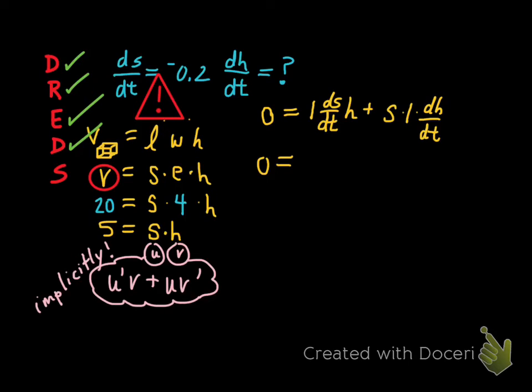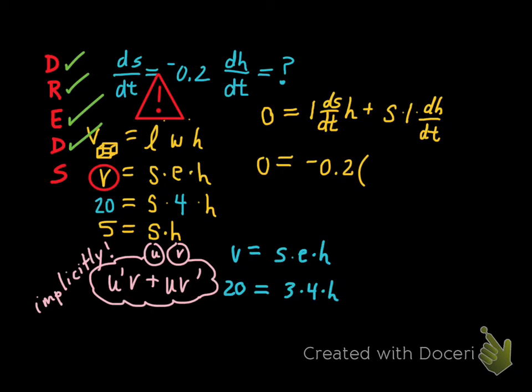Now, we're going to substitute and solve. Well, do we have a ds dt value to put in? Yeah, it's in that blue writing above. ds dt is equal to negative 0.2. We still have an h, so let's get to work on this h. We can find out what this h equals. At this moment in time, remember, we're told the volume is always 20.